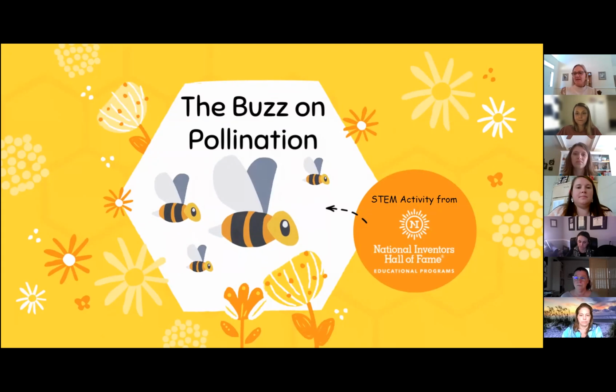By exploring how pollination works and what types of flowers pollinators prefer, students can begin making decisions that will improve the environment and help maintain the populations of the pollinators for years to come.